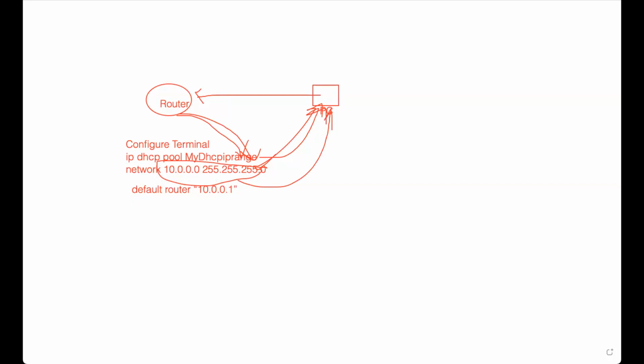And then we can also do a specific DNS server if we want. We can also allocate the DNS server to the PC, but that is something that is an extra feature. If the PC wants a DNS server, we can also allocate that, but we'll look into that when we talk about the DNS. But just keep in mind that the DHCP server can also give the DNS server IP to the PC.